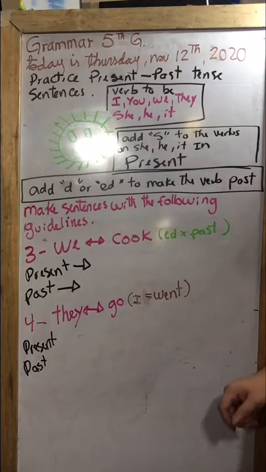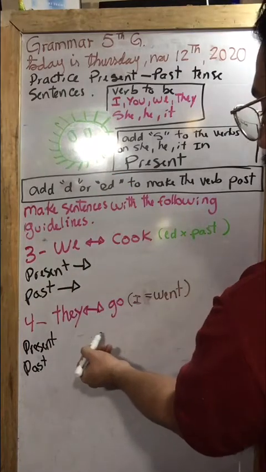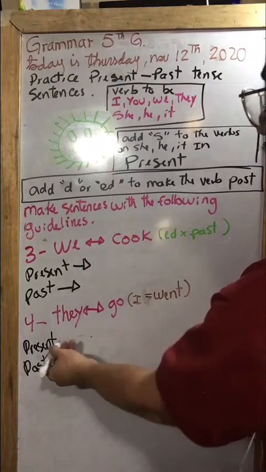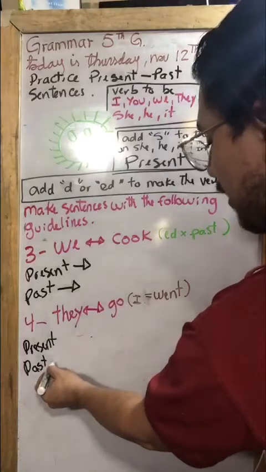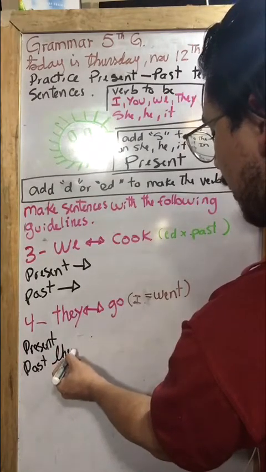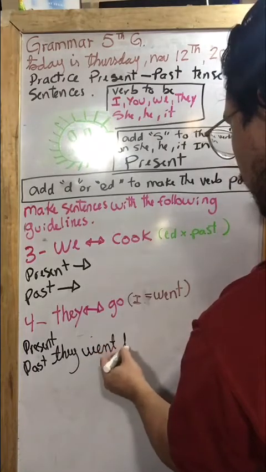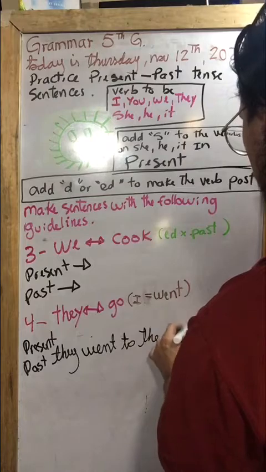So the past tense is went. So what do I write? My present tense sentence: they go home, or they go to the mall. But in the past tense, it would be they went to the mall.